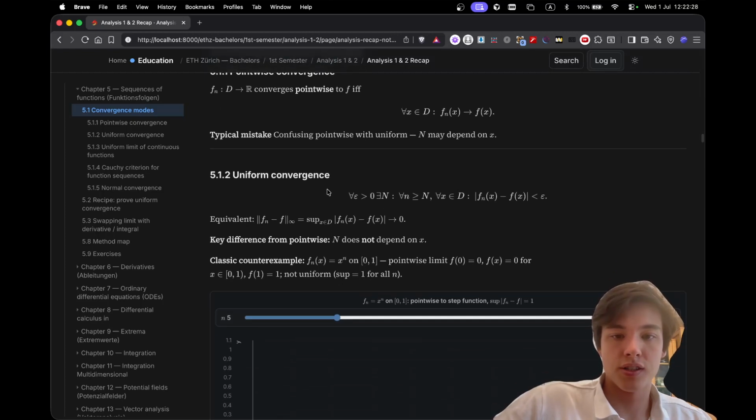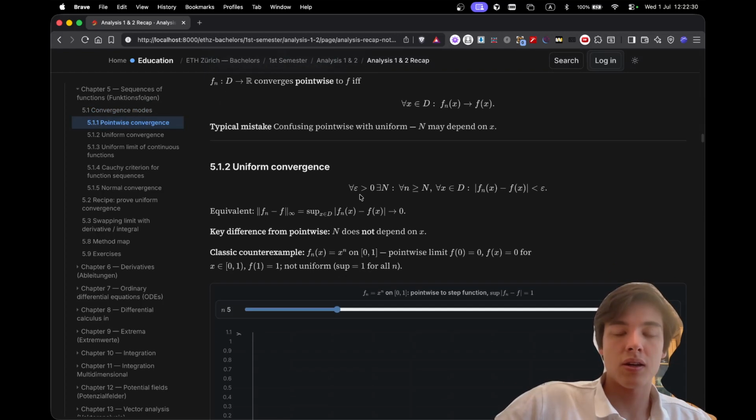Uniform convergence: for every epsilon there exists one natural number N, and for all n larger than that, and for all x, the difference needs to be smaller than epsilon.